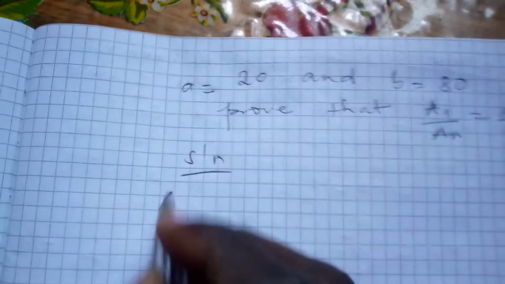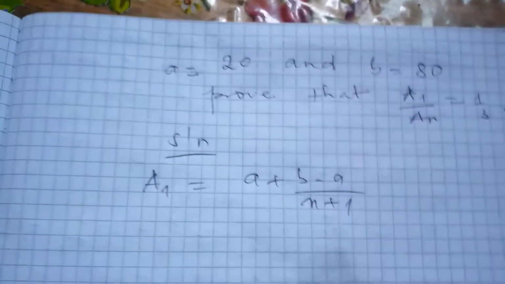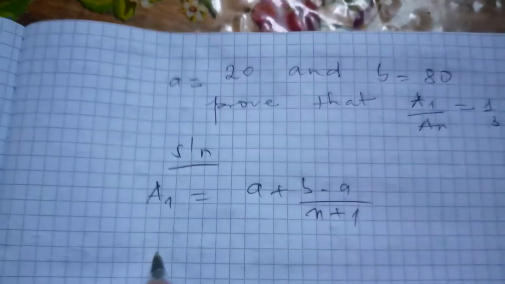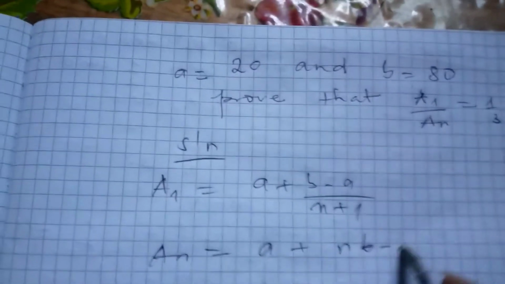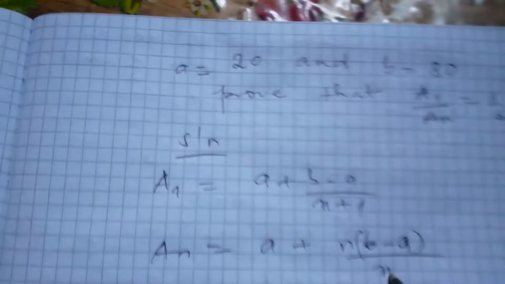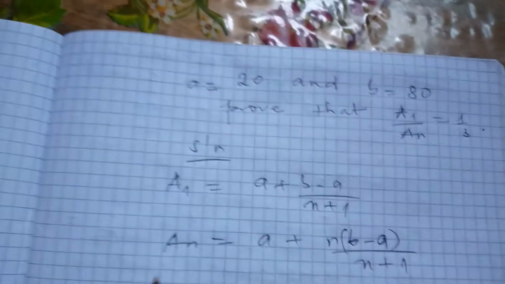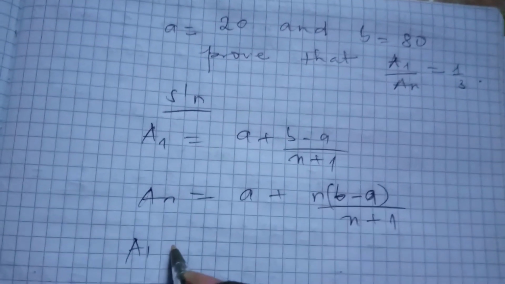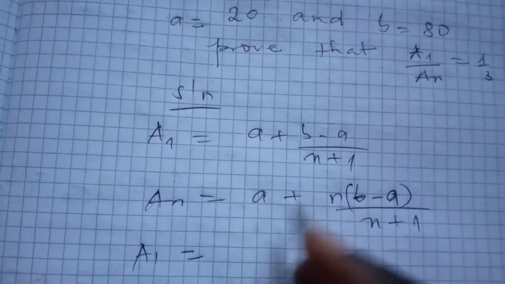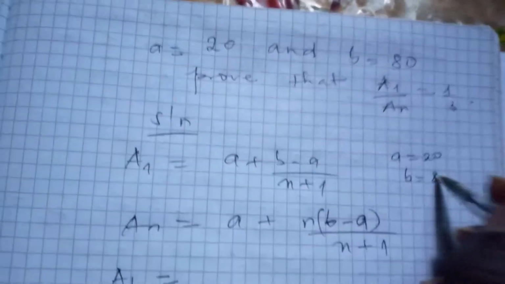And here, as a solution, we have A1. We know that it is equal to A plus (B minus A) over (N plus 1). And we know that AN is equal to A plus N times (B minus A) over (N plus 1). So then A1 will be equal to, we know that A is equal to 20 and B is equal to 80.